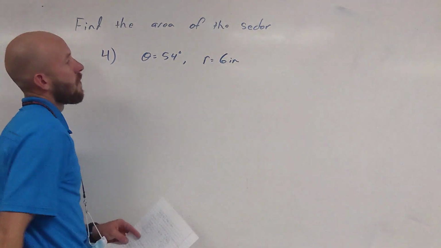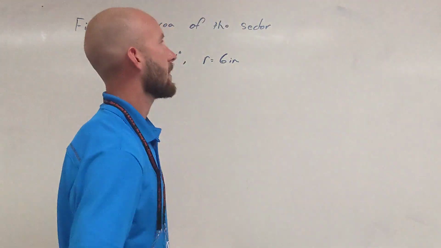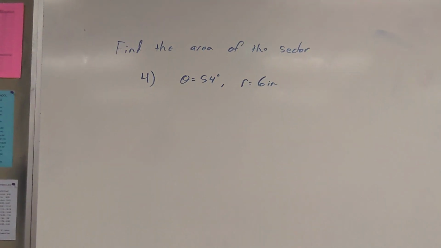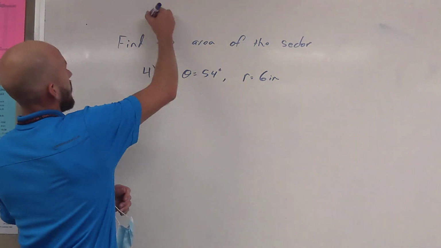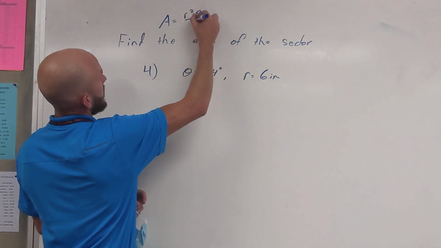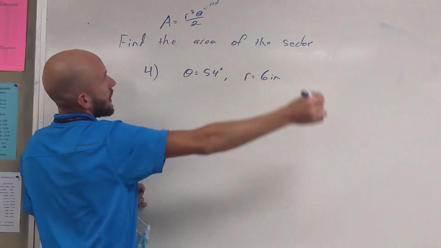Wait, so theta's gonna be in degrees? Oh. No. So that is something I need to back up a second on. Our formula was area equals r squared theta divided by 2. Theta is still in radians.